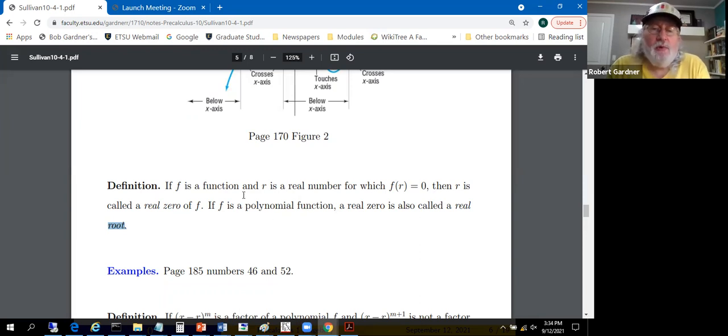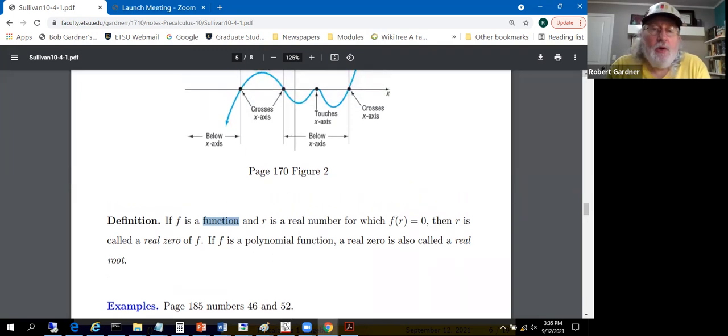In general, you don't speak of roots of functions unless they're polynomial functions, or at least algebraic functions. But that's standard terminology. We'll use the words root and zero interchangeably, probably in Precalculus 1. It becomes a little bit more complicated in Precalculus 2 when you introduce all those trig functions.